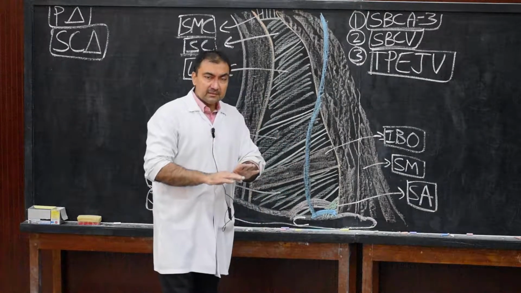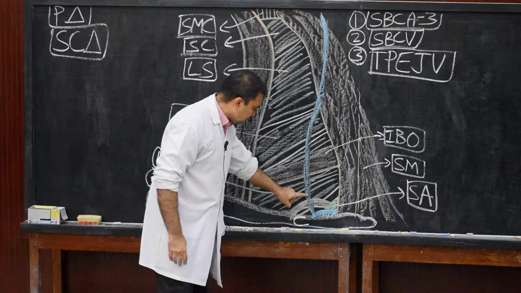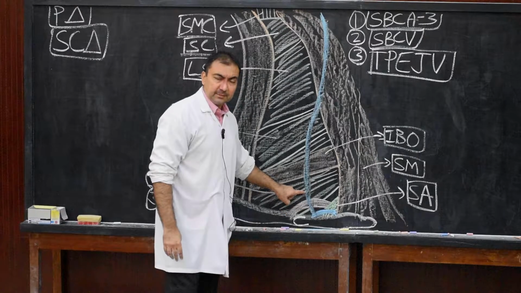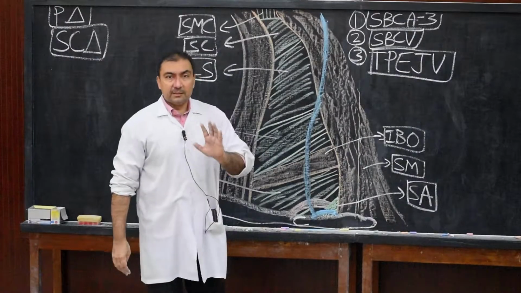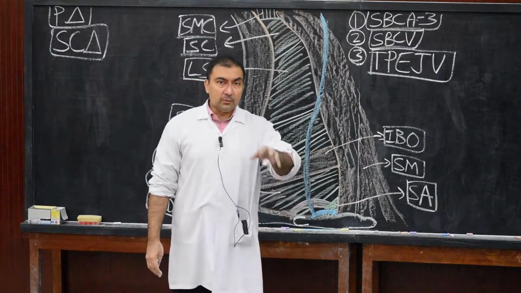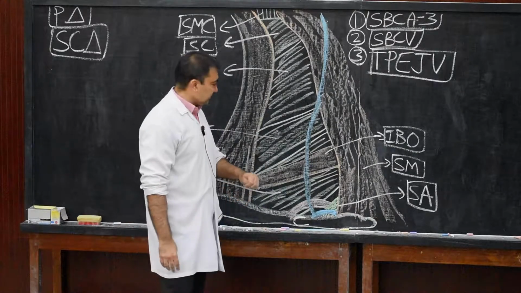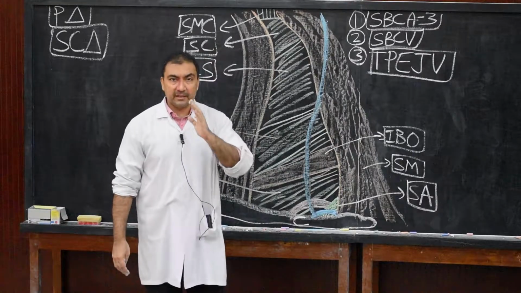And beneath that, the external jugular vein will pierce the investing layer of deep cervical fascia a few centimeters above the clavicle, and then it will open into the subclavian vein. Now these 4 layers of the roof which I have discussed will remain constant for the occipital triangle as well as the supraclavicular triangle.